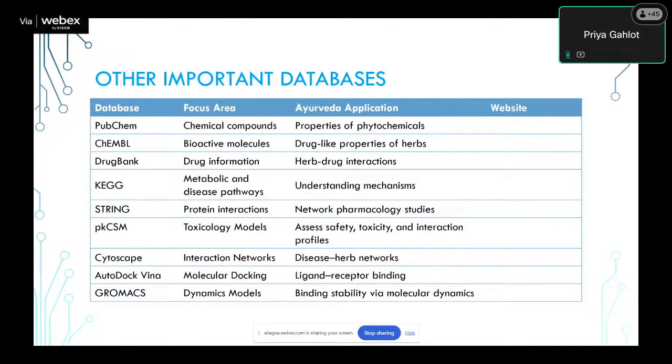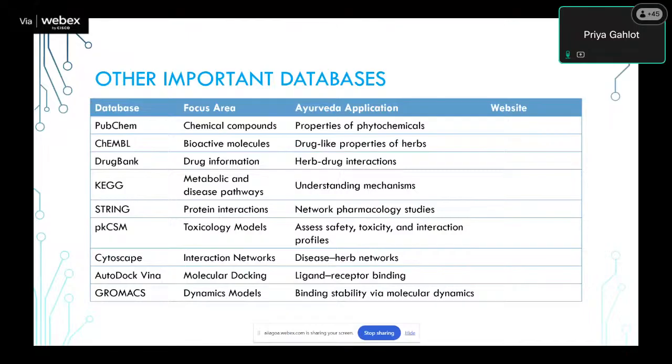There is AutoDock Vina. It is a software we use for molecular docking studies. Also, I have earlier mentioned that there are freely available tools. AutoDock Vina is freely available for studies, and SwissDock is also freely available for docking studies.